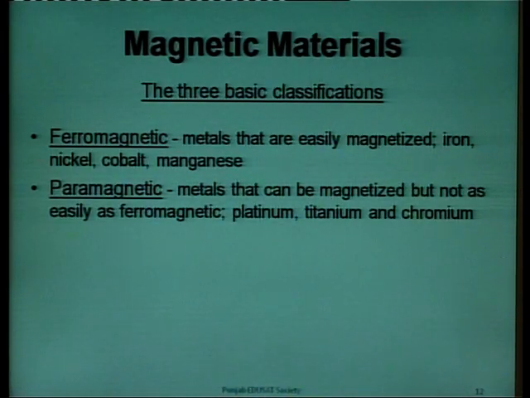Then we are having the second category, that is the paramagnetic materials. They are the metals that can be magnetized, but not as easily as the ferromagnetic materials. Its examples are platinum, titanium and chromium.